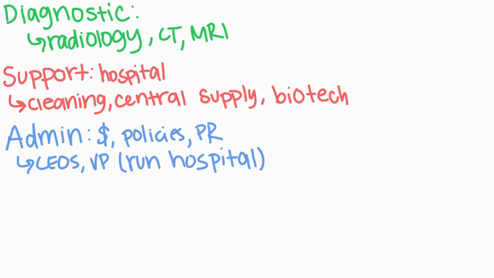And then informational services are going to be your admissions and billing and people who allow the medical records and things to be documented and processed. So this is going to be like your IT department. So info and admit.